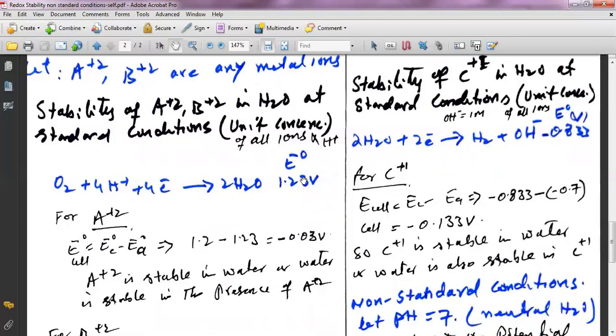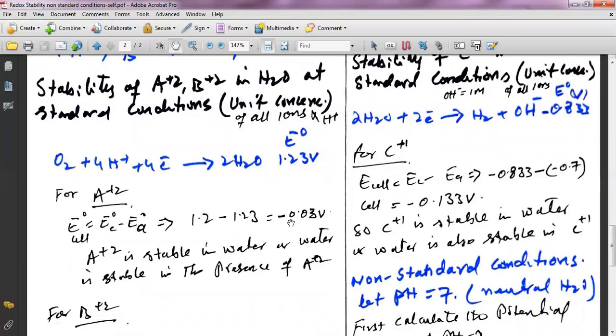So it is 1.23 minus 1.2, and this will be equal to plus 0.03 volt. That means it is indicating that this is the non-spontaneous reaction. Non-spontaneous means A plus 2 is stable in water, or water is also stable in the presence of A plus 2. So these are the standard conditions.